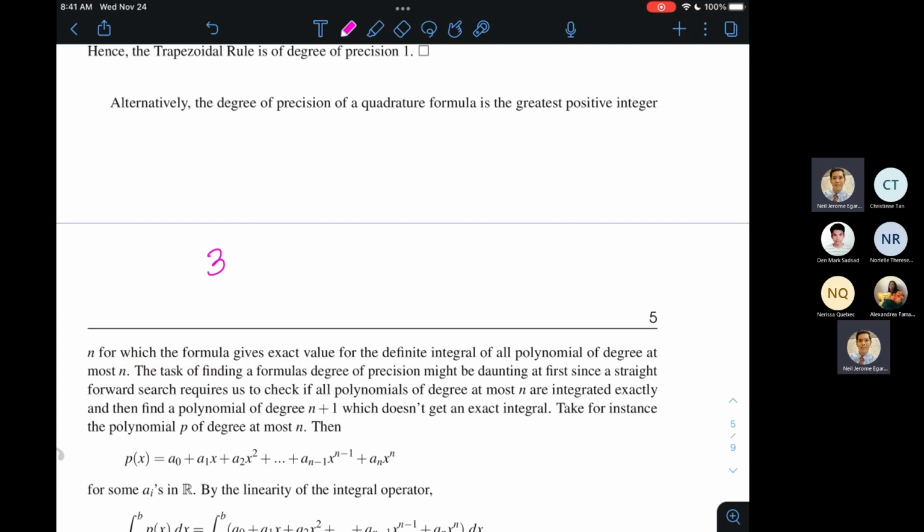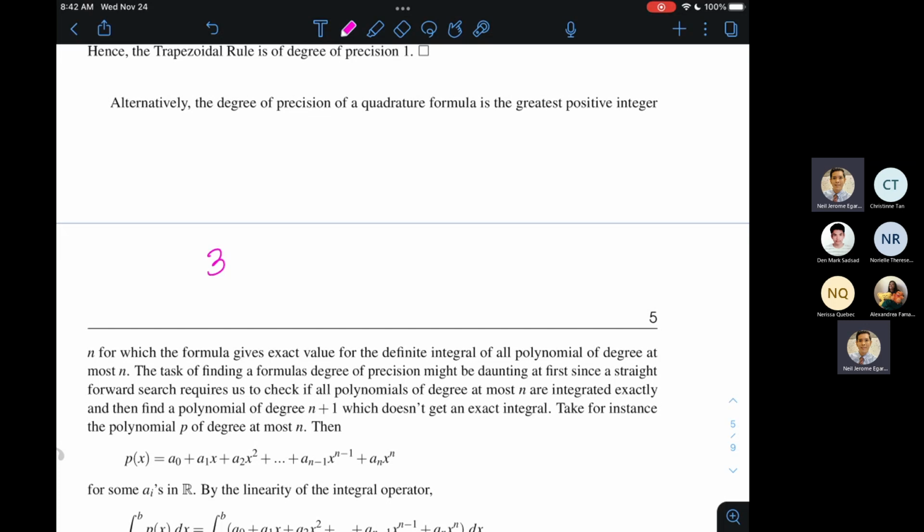Okay? So, ibig sabihin, kahit anong polynomial of degree 0, degree 1, degree 2, or degree 3 na i-feed ko dun sa quadrature formula, ang ibibigay sa aking sagot ng quadrature formula ay yung eksaktong value ng definite integral ng mga polynomials na yon. But I can find at least one polynomial of degree 4 na hindi na eksakto yung approximate galing sa quadrature rule compared to the actual integral of that polynomial of degree 4.